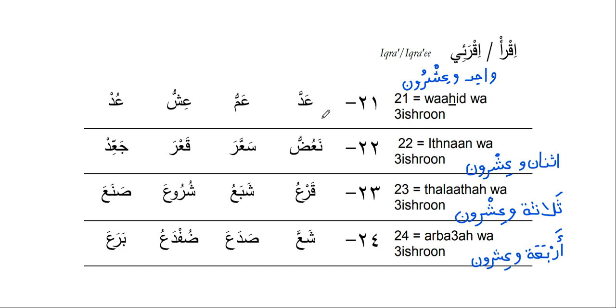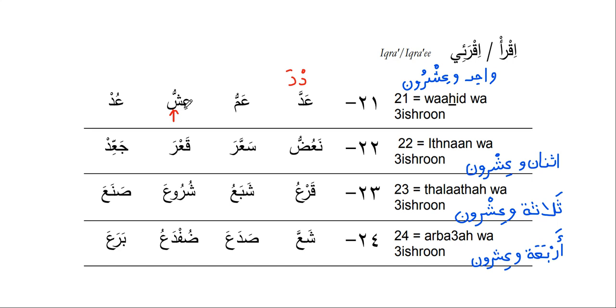So the first one here, reading practice, adda. Now when you say dal, that means one dal is with sukoon, the other dal is fatha. So adda, adda. عمو عشو. Now sheen is a letter from tafashi.